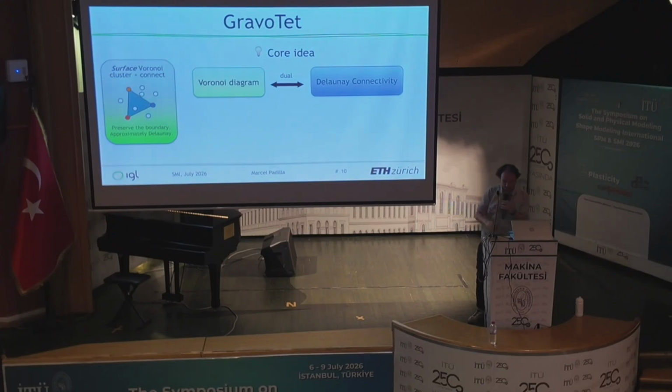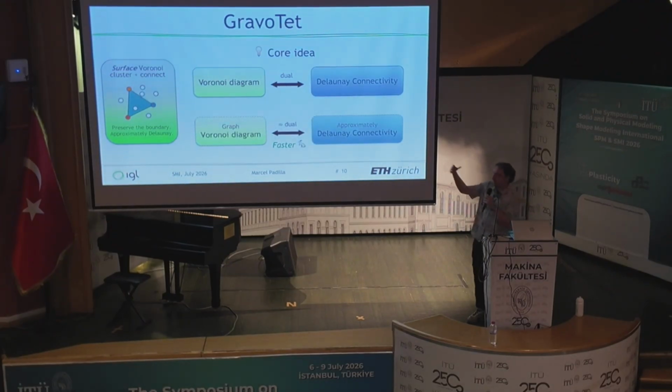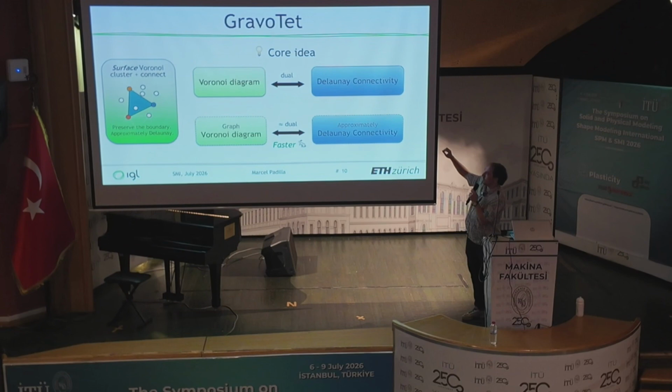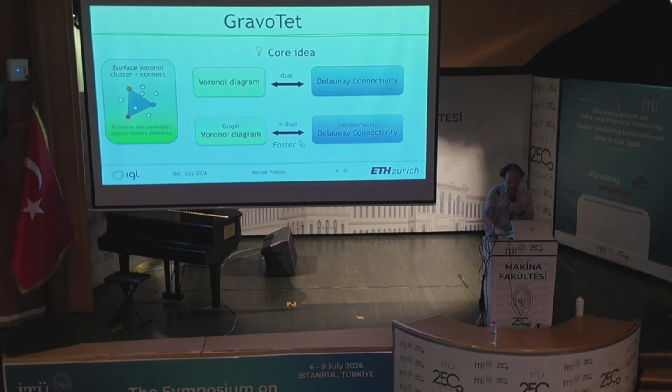And we avoid that effort by going for a graph Voronoi diagram that we can quickly compute using the connectivity we just had. And then we just take the dual of that and assume that this is good enough. It's not going to be perfectly Delaunay, but we will see that the properties it has in its barycentric weights are good enough. I mean, actually very efficient for multigrid method.